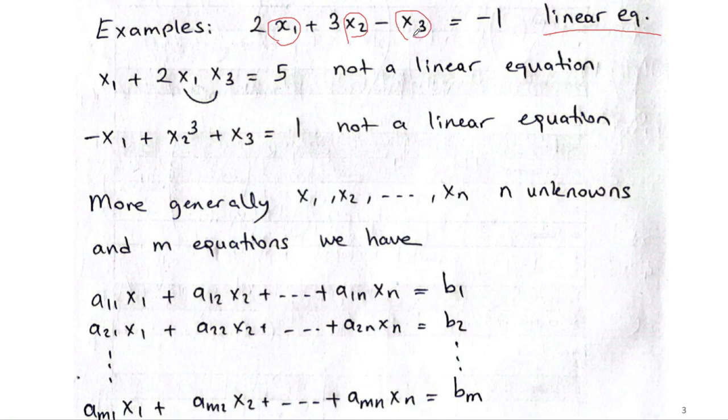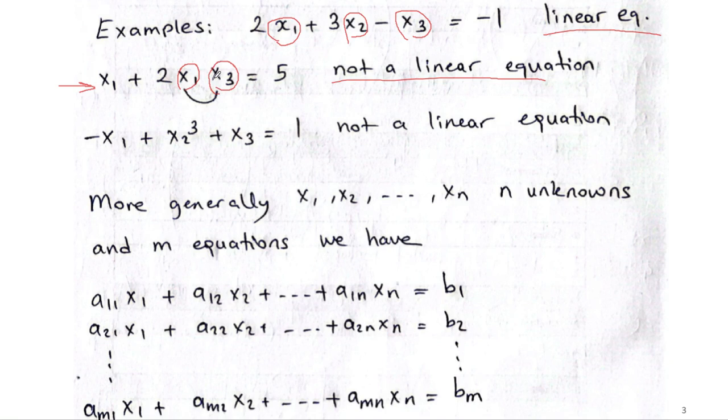Okay, what about a not a linear equation or non-linear equation? For example, we might have this example here. This is not a linear equation because we have these x terms cross multiplied.